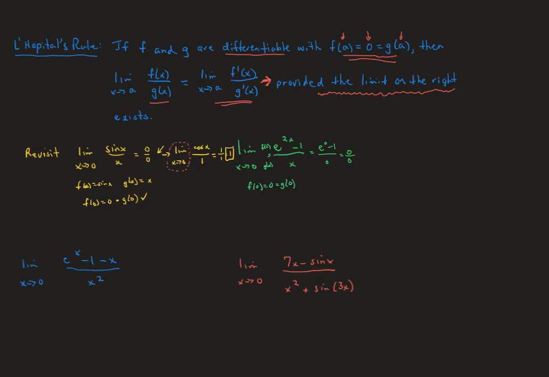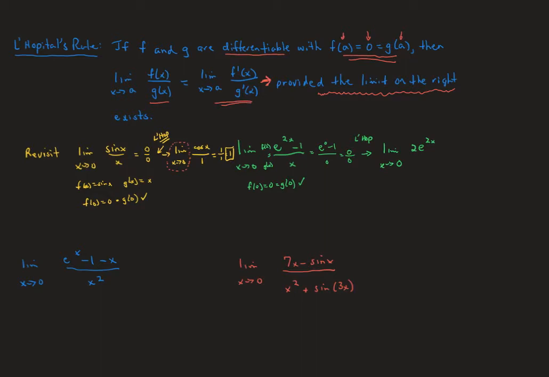Oh, and I forgot to mention on the last one, you have to say what you're doing here. So you need to say that you are invoking L'Hopital's rule here. So this part satisfies the conditions for L'Hopital. Then you have to tell the people grading your test that you are using L'Hopital's rule to get now the limit as x goes to 0, and the derivative of e to the x is e to the u times the derivative of 2x.